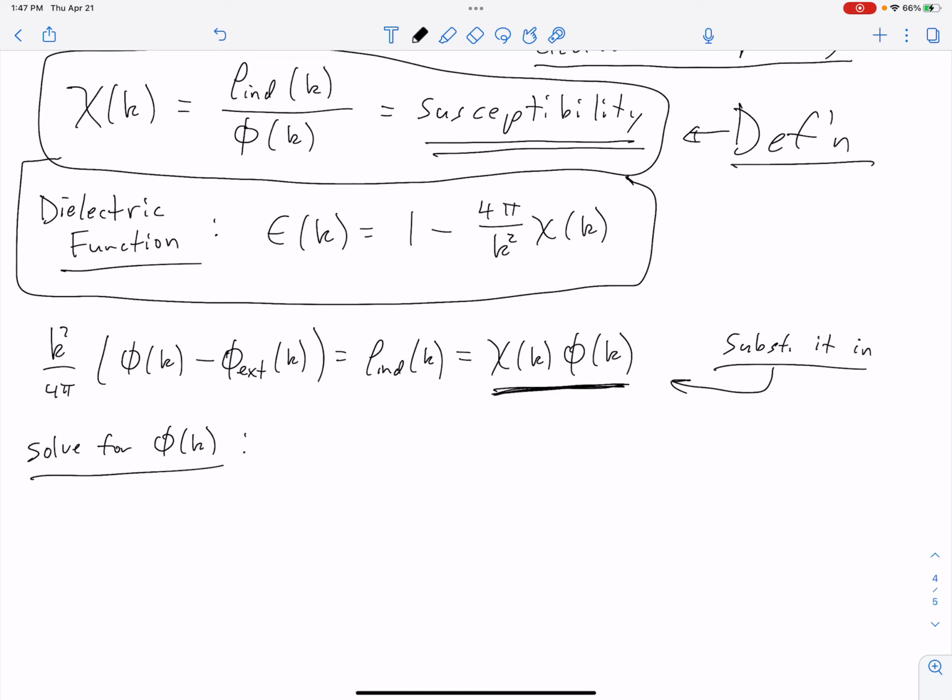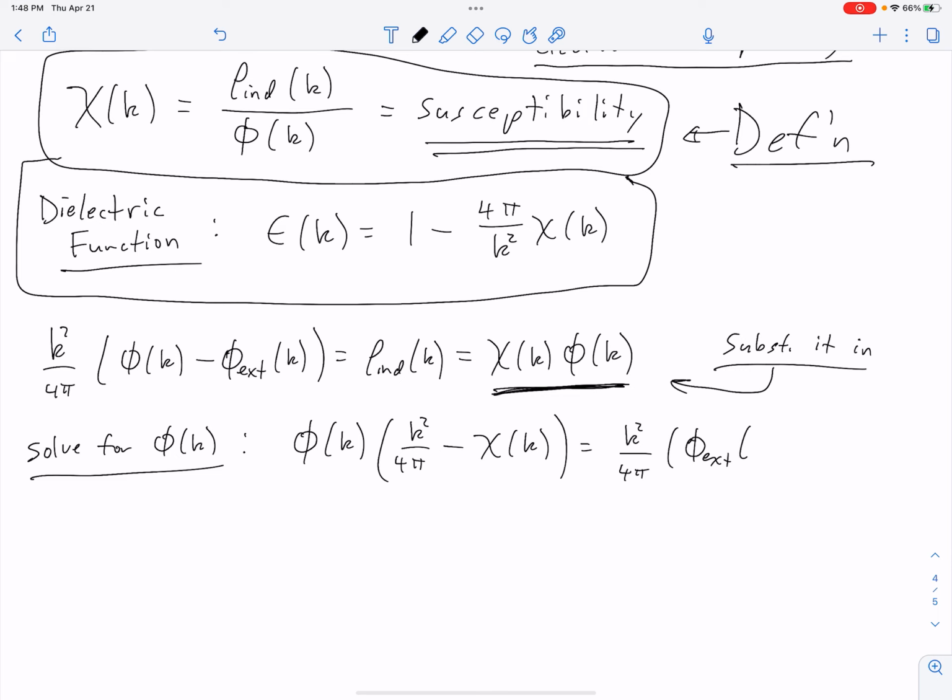And when we do solve for phi of k, I'll show a line of algebra: phi of k times k squared over 4 pi, just rearranging that equation, minus the susceptibility chi of k, is equal to k squared over 4 pi times phi external of k.